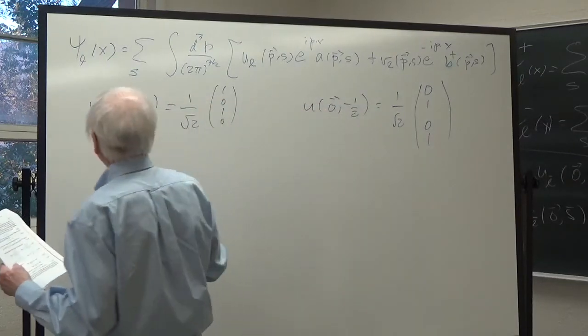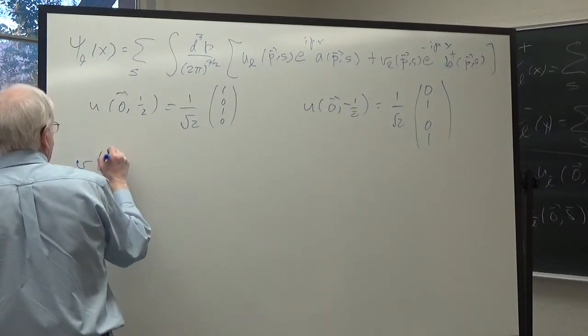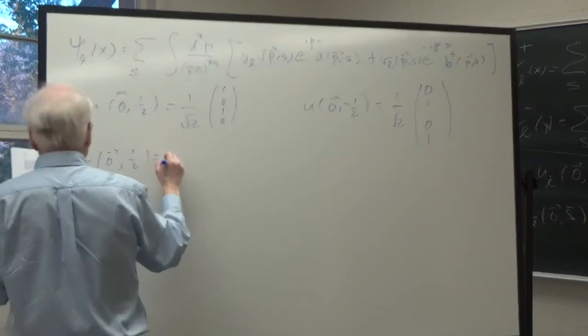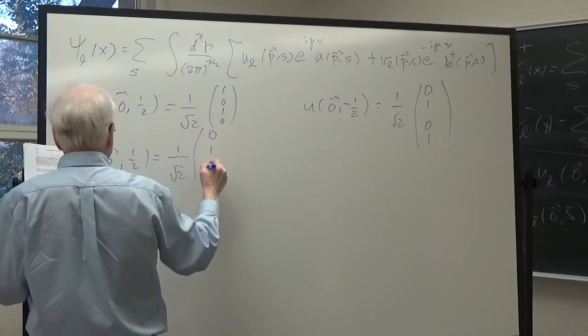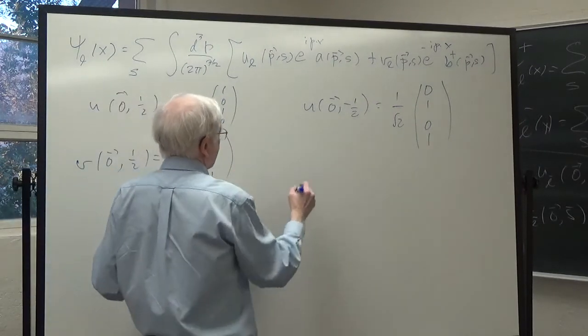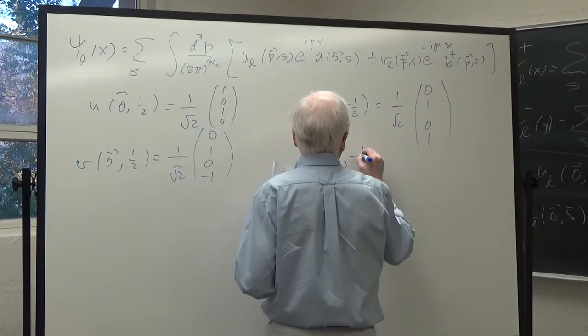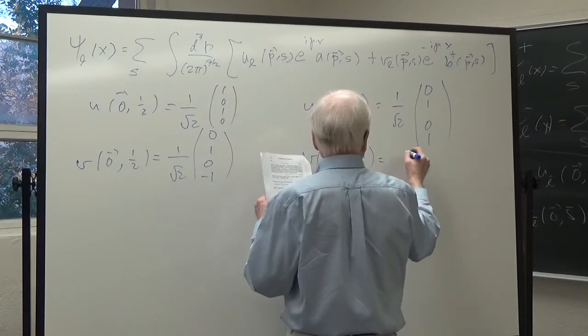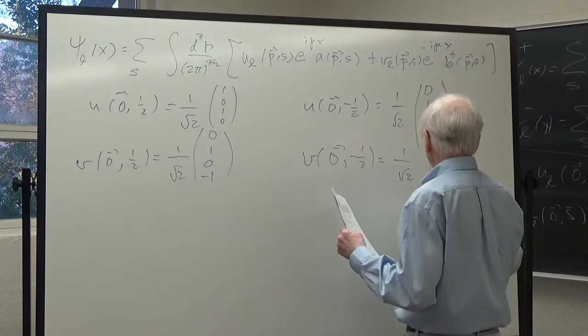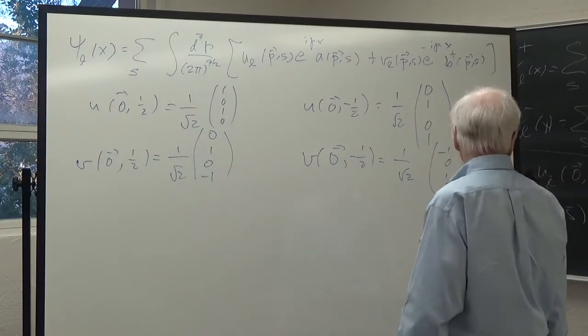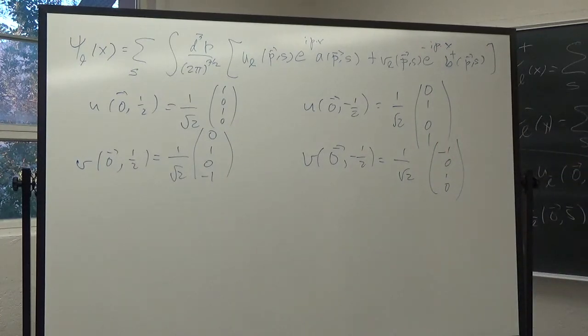But what's somewhat surprising is that V of 0, a half is 1 over root 2, 0, 1, 0, minus 1, and V of 0, minus a half is 1 over root 2, minus 1, 0, 1, 0. So these rotation conditions, together with this minus and the complex conjugation, have implied that the V's are somewhat different.